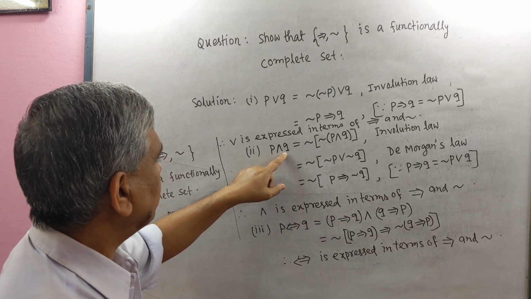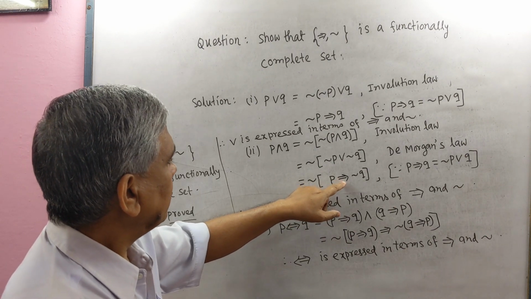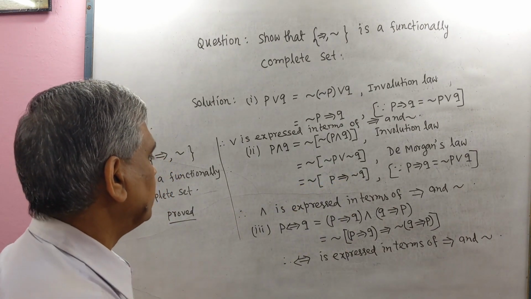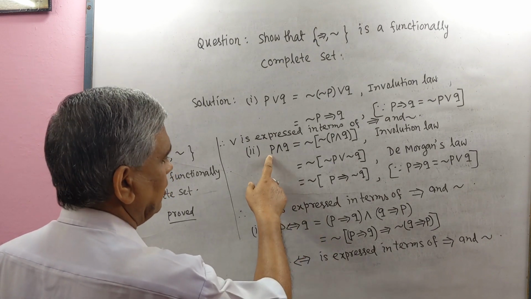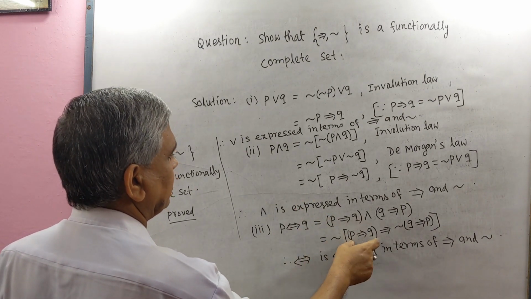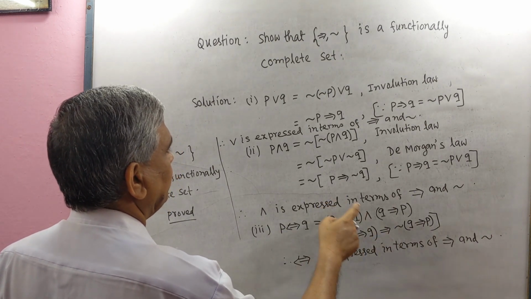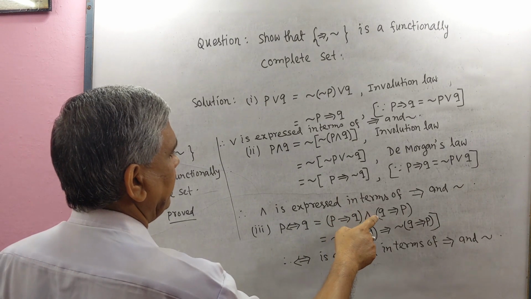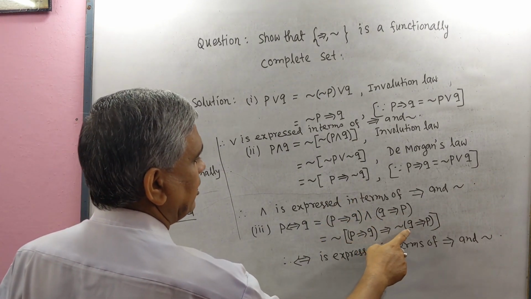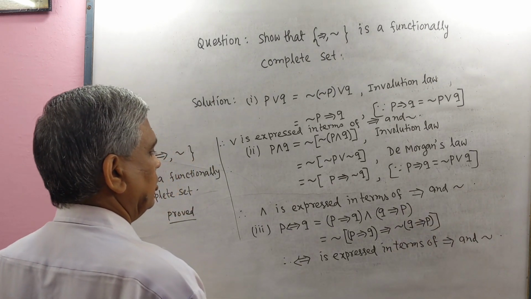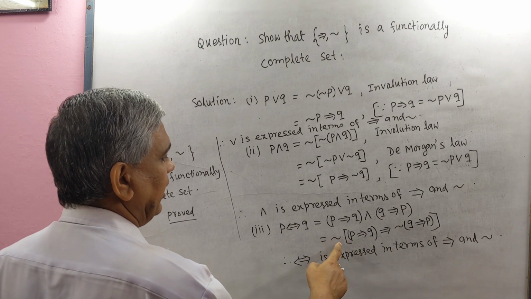In conjunction we get negation of P implication negation Q. So first we write negation; in place of P we have P implication Q, then implication; in place of Q we have negation of Q implication P. So here we get only two connectives, implication and negation.